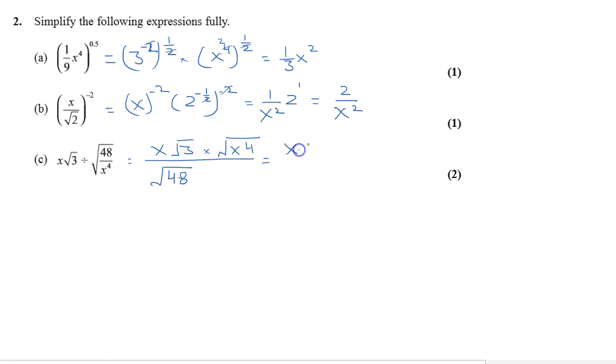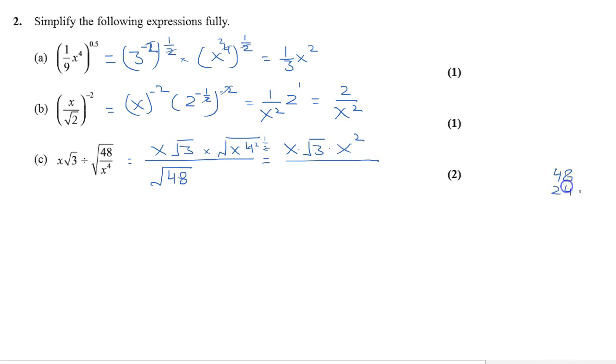x multiply root 3. Root of x squared means its power is half. This can be cancelled by 2. So this is x squared. Divide by root 48.